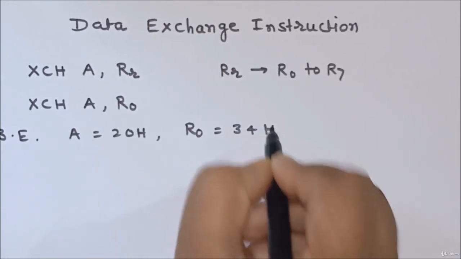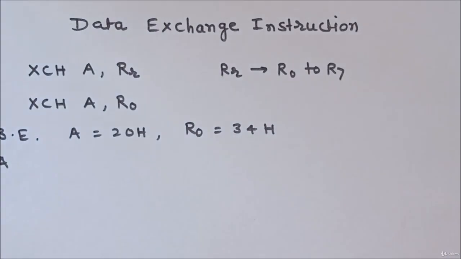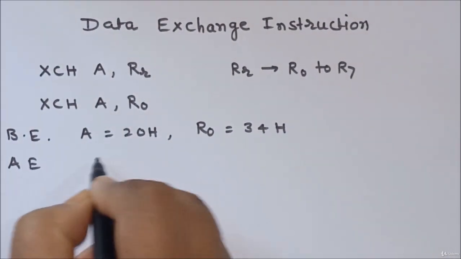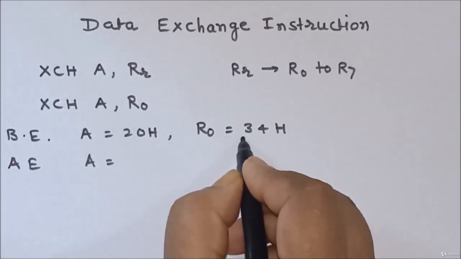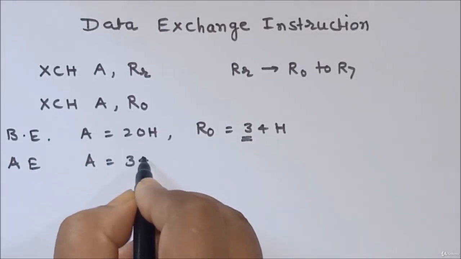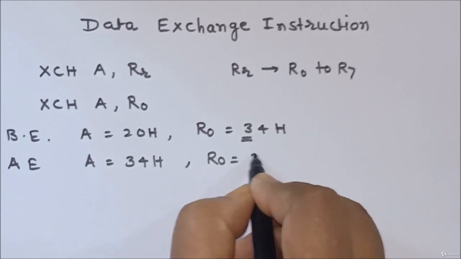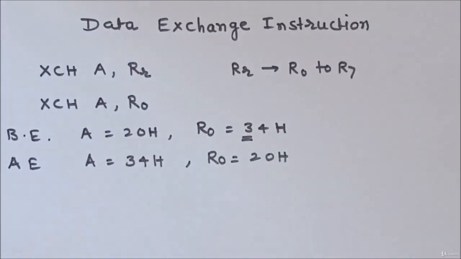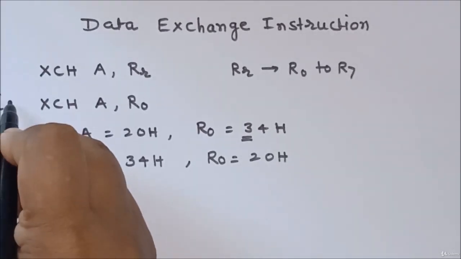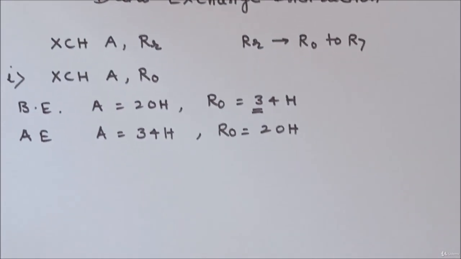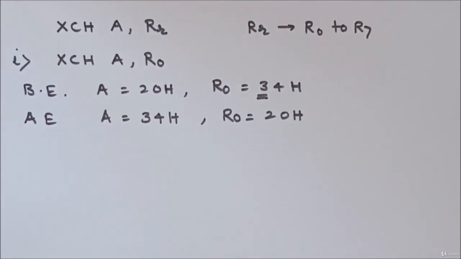Then after execution, the accumulator will contain the data of R0, that is 34H, and register R0 will get 20H. So this is one example of the exchange instruction in register addressing mode.